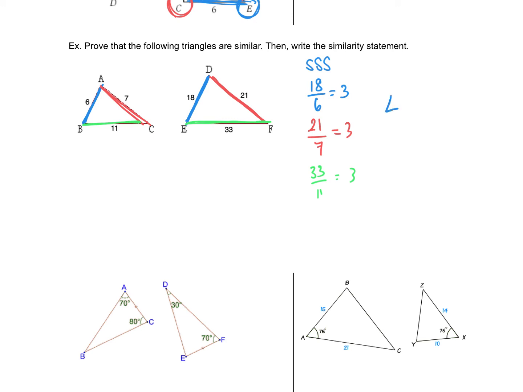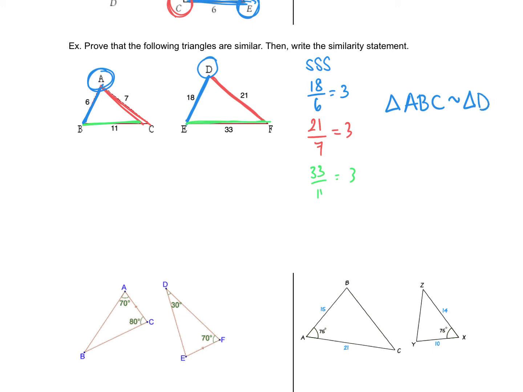So now we write our statement. Triangle, for the first one, you put your letters however you want, similar to triangle. Okay, let's match up our sides or our angles. A. Well, it looks like the triangles are oriented in the exact same position, so A does match D, but you can also see it based on the colors. They're both made up of the blue and red.